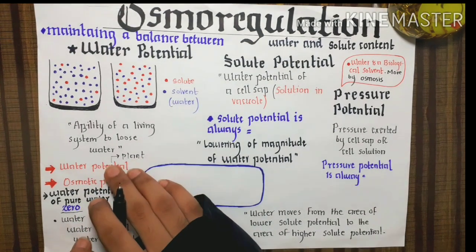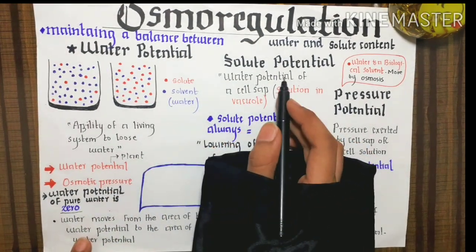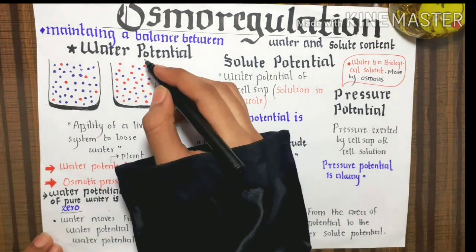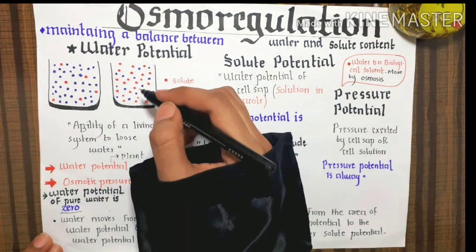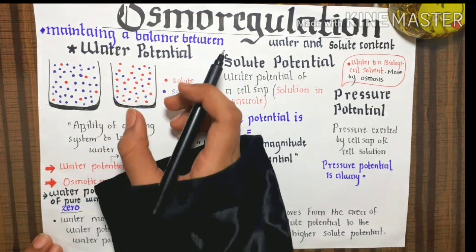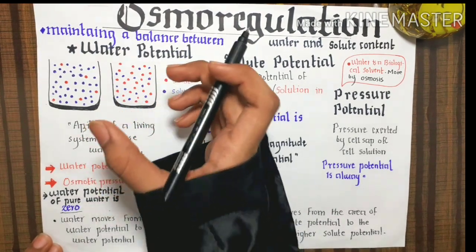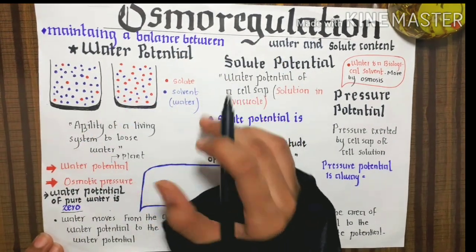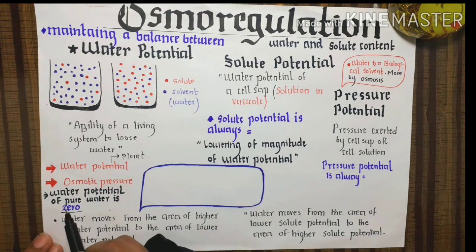Now let's come to the solute potential. Now if we add more and more solute to this container, its water potential decreases. Again remember, the more the water is, the more is the water potential, and the highest water potential is the potential of pure water.